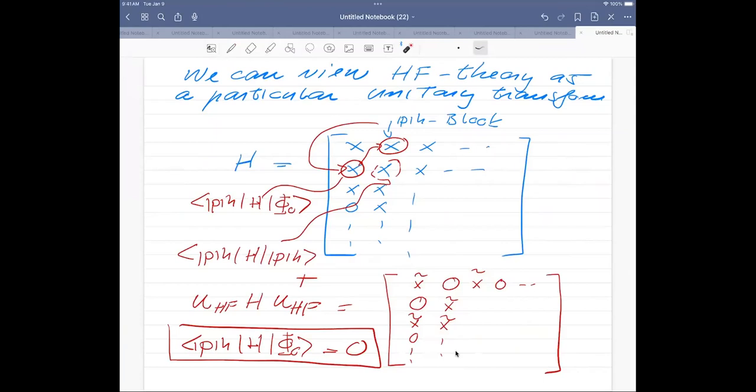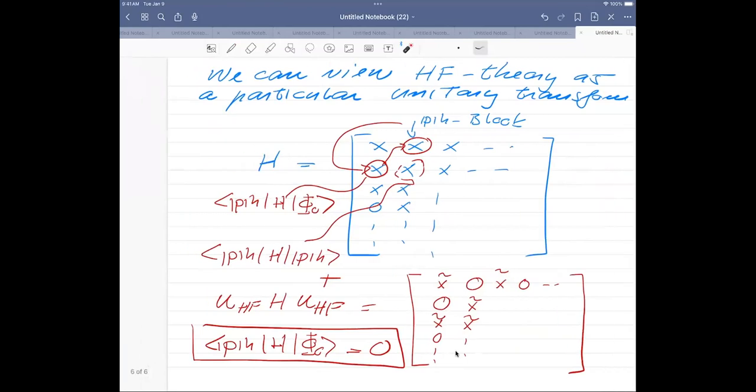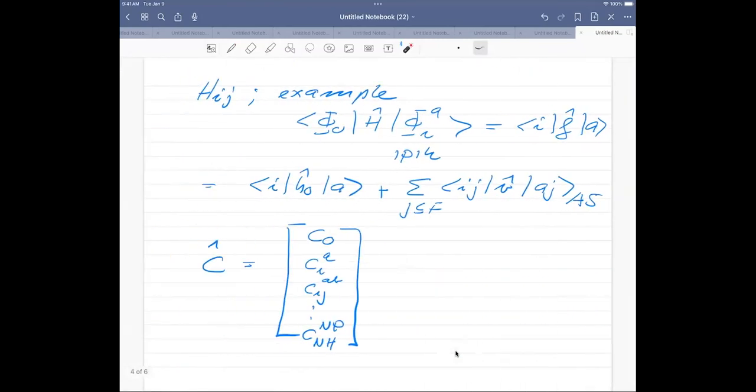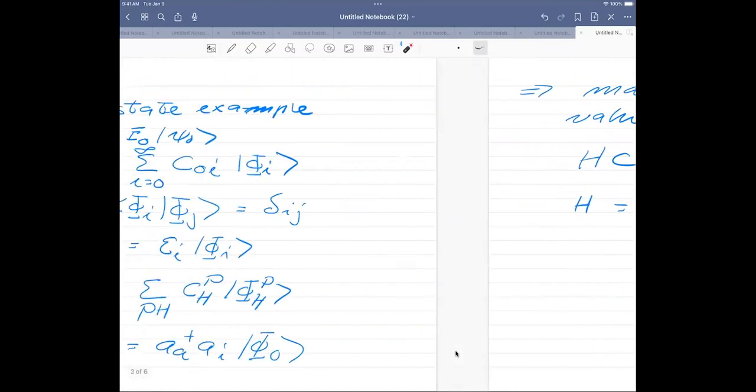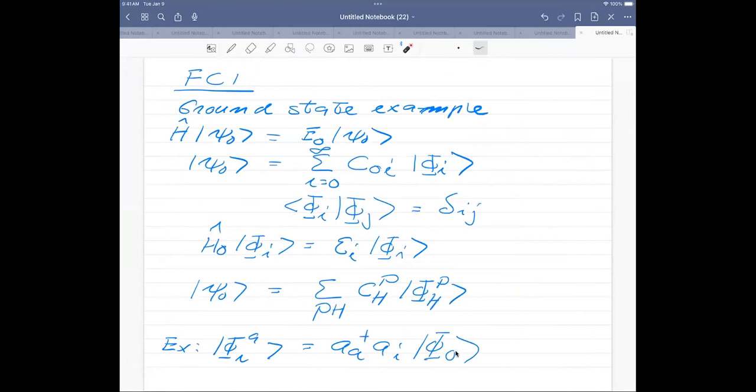So the usefulness of Hartree-Fock is that it's going to modify, as we wrote down here, the single particle basis which enters these functions. And hopefully then that will reduce the importance of many of the components which you see here.